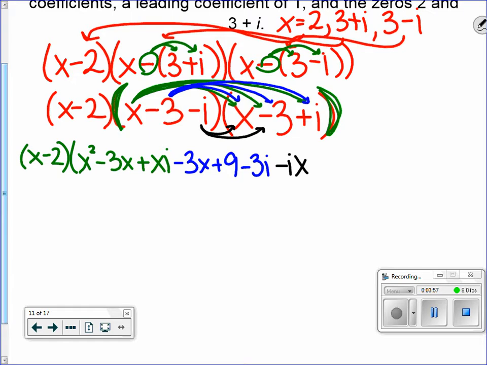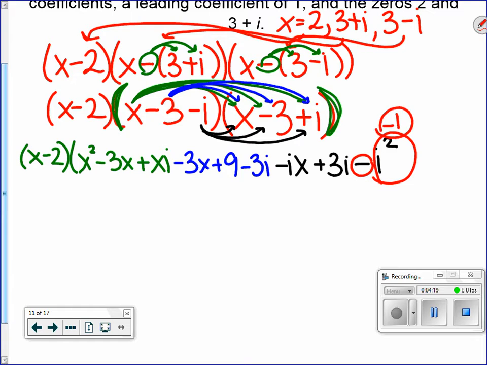Negative i times negative 3 is positive 3i. And negative i times positive i is negative i squared. We're going to come back to that, okay? So i squared, I want you to remember that i squared represents a negative 1. So technically you have minus a negative 1, which really altogether means plus 1. Okay, so I'm going to put that at the end.